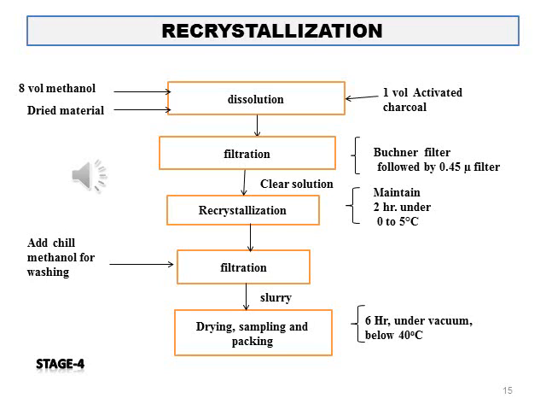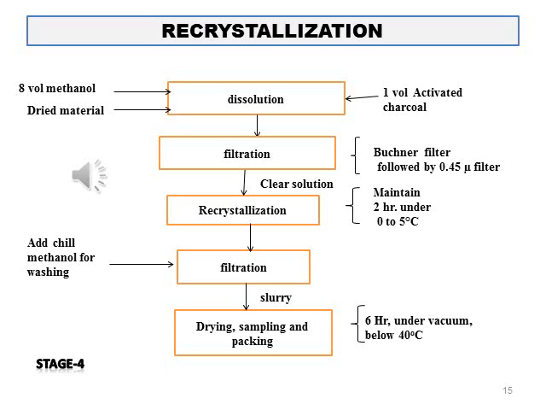For bed washing we added chilled methanol. The crystalline material is called Vindolin. After filtration, we sent it to drying, and drying took 6 hours under vacuum below 40 degrees Celsius. Finally the sample is packed and sent for sampling.